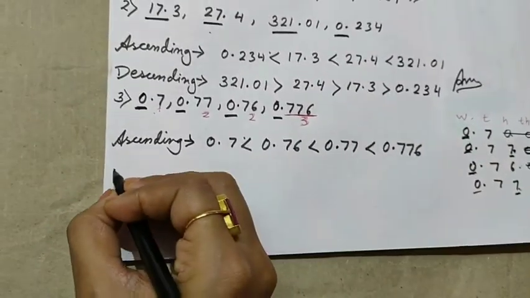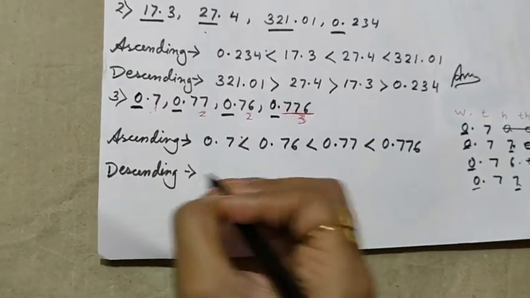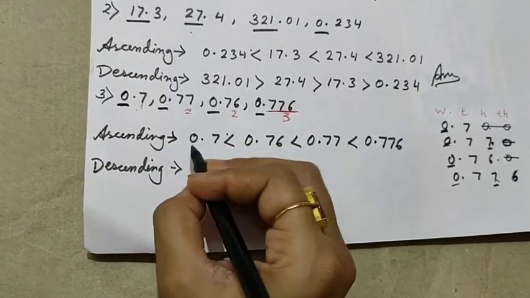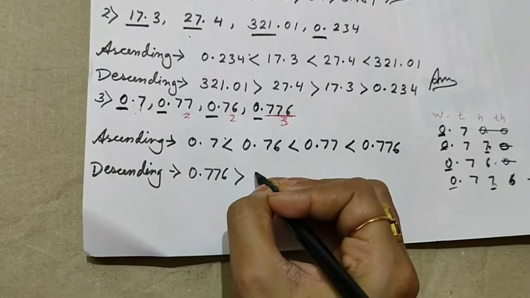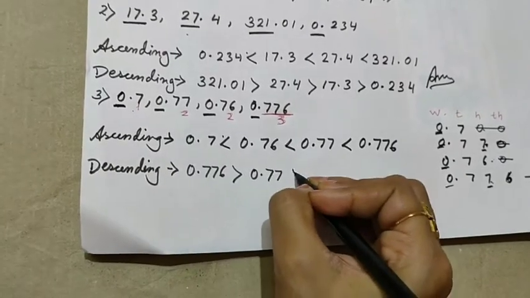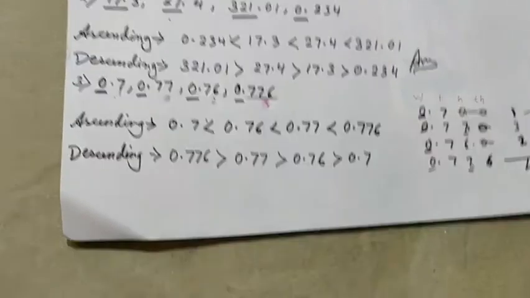Okay, now in descending order, from the largest to the smallest: 0.776 is greater than 0.77, greater than 0.76, greater than 0.7.